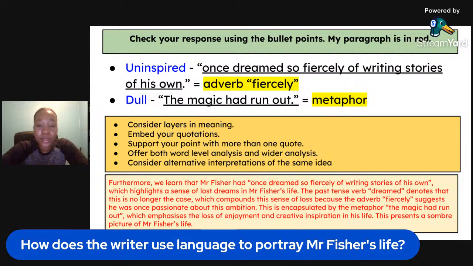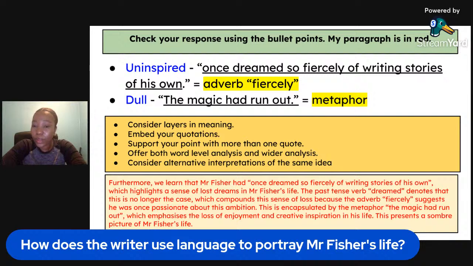This is encapsulated by the metaphor the magic had run out, which emphasizes a loss of enjoyment and creative inspiration in his life. This presents a somber picture of Mr. Fisher's life. So that's an example of what you could write for that.